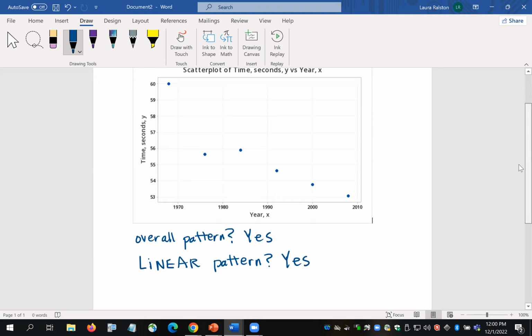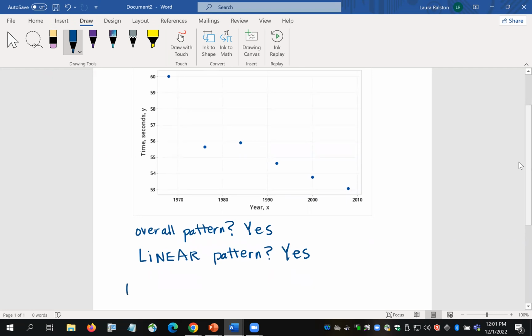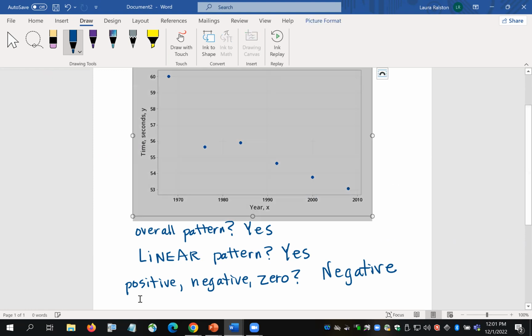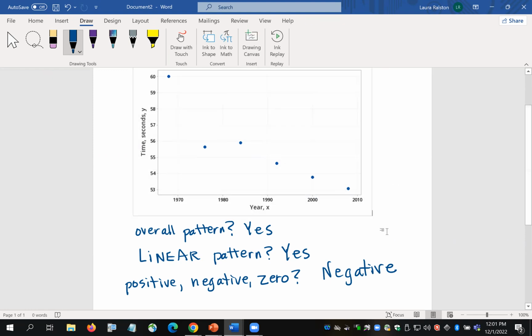And then the third question is, does it appear to be positive, negative, or zero? I notice it appears to go down as the year goes up, the time goes down, which lets me know that this relationship appears to be negative. So visually, we're saying, oh yeah, we think that there is this relationship.